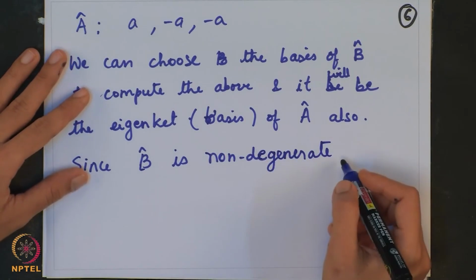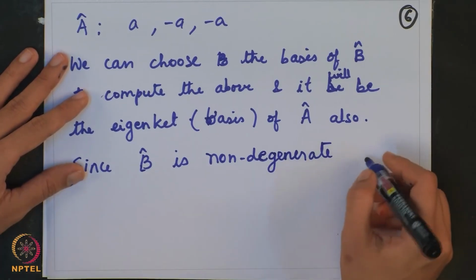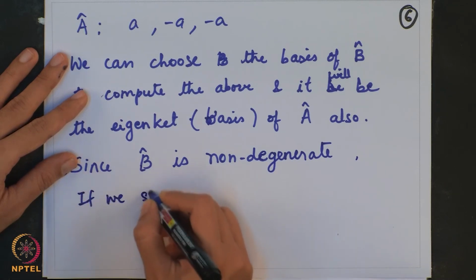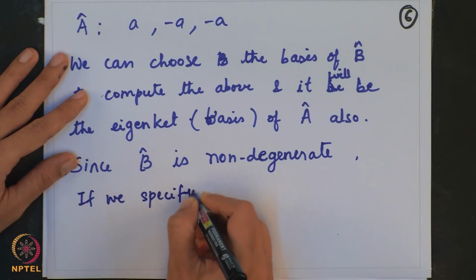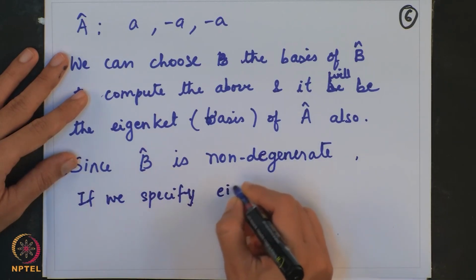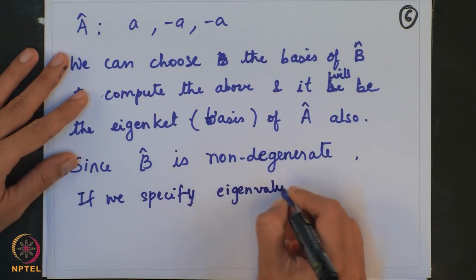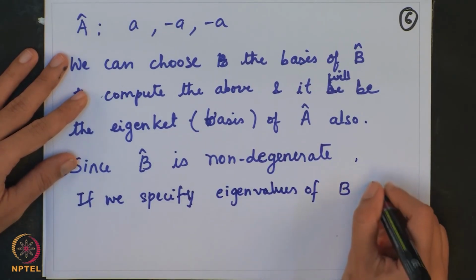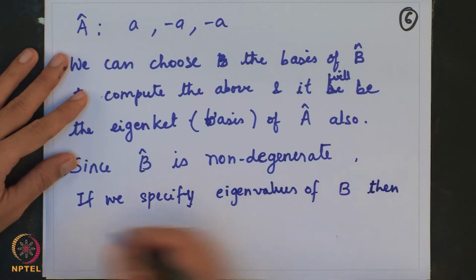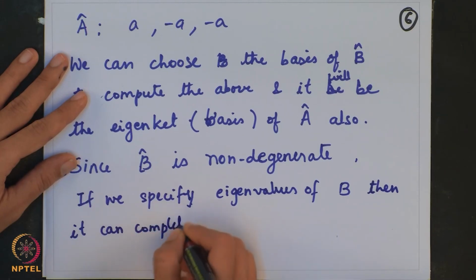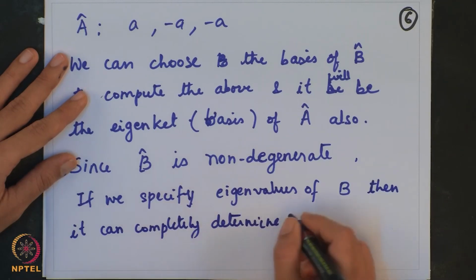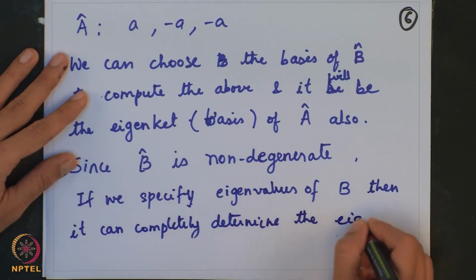So, it has different eigenvalues, and if we specify the eigenvalues of B, then it can completely determine the eigenket.